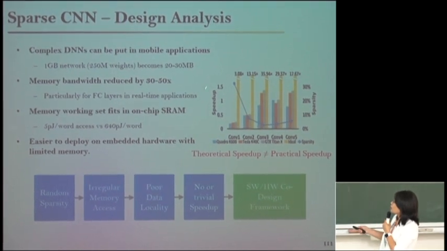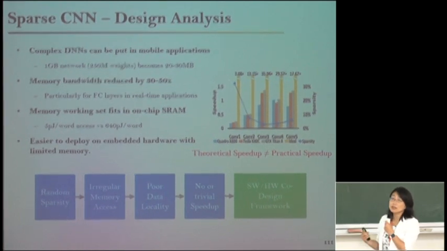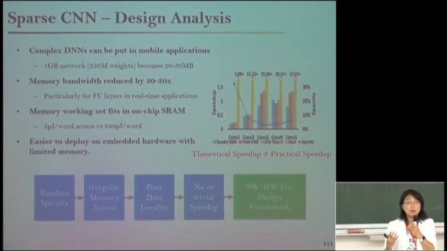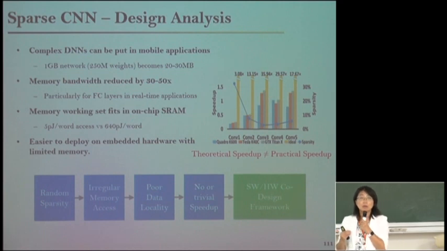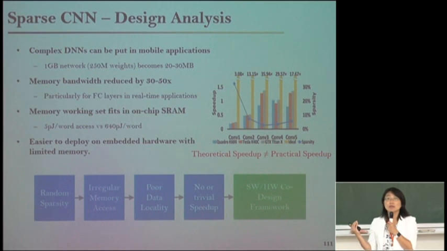So this is a CNN network. For convolution layers, previously there's been a lot of sparsity work in the machine learning community. What they're trying to do is reduce the number of parameters. They made matrices, for example convolution layers and fully connected layers, really, really sparse.